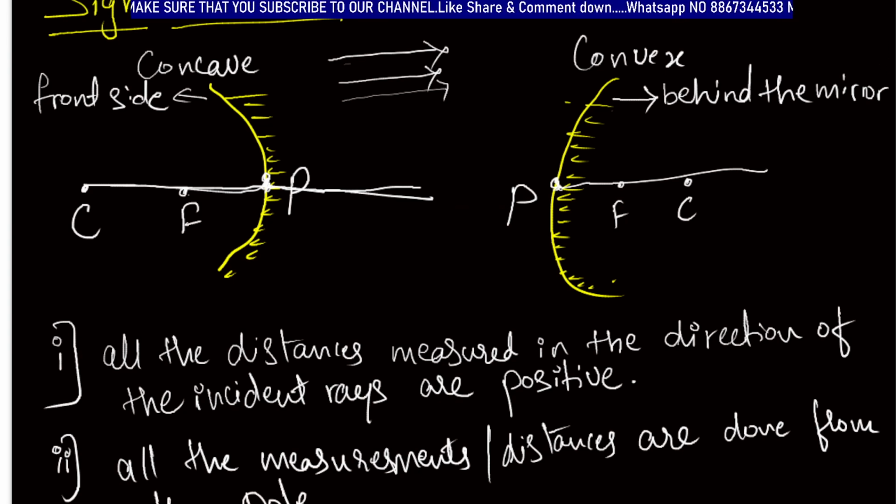So how do we calculate the distances? In the case of these mirrors, it is always considered from the pole. In the case of concave mirrors, we measure in this direction. In the case of convex mirrors, from the pole, we measure in this direction.